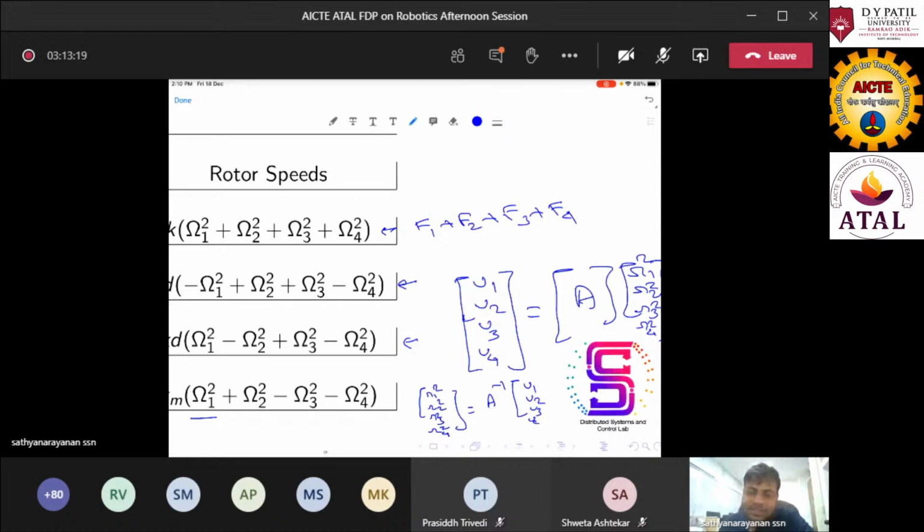So given U1, U2, U3, U4, the map for finding the required speed of the rotor is calculated by this one. You may wonder whether this map on the right hand side will always generate a positive value, because on the left hand side it is always positive, but on the right hand side will it always generate a positive value or not?